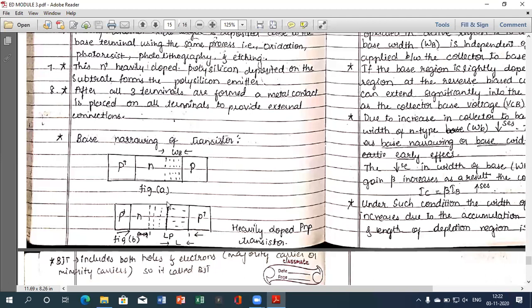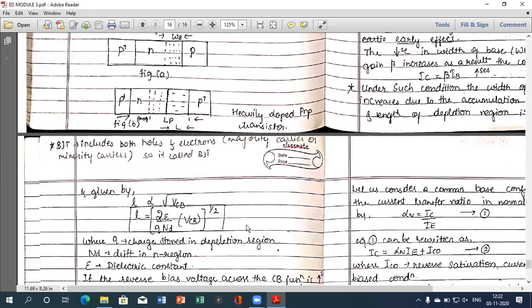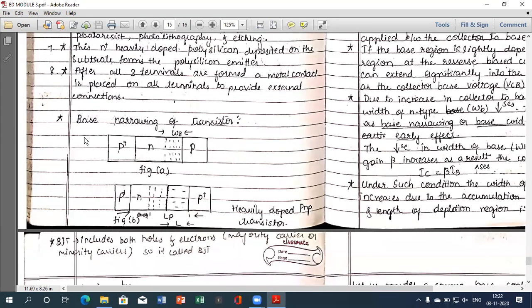When we increase the reverse voltage VCB to a larger value, it loses its characteristics and the transistor gets damaged. Here L represents the length of the depletion layer, which is given by this equation. So if L is increased to a large value, it loses its characteristics. So this is about base narrowing of a transistor.